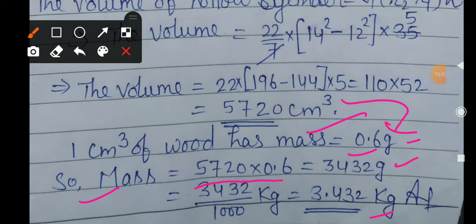You have to divide the gram value by 1000, and then it converts into 3.432 kg. So this is the way to find the mass of any type of wood when the dimensions of any shape are given.